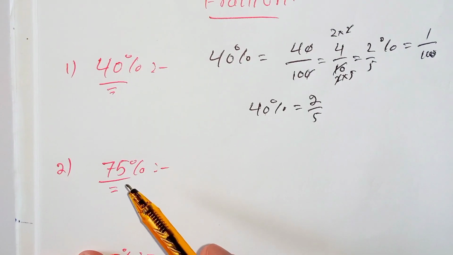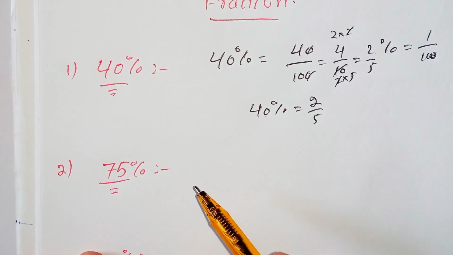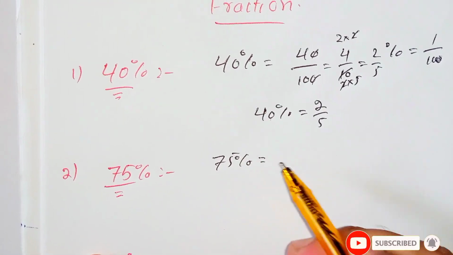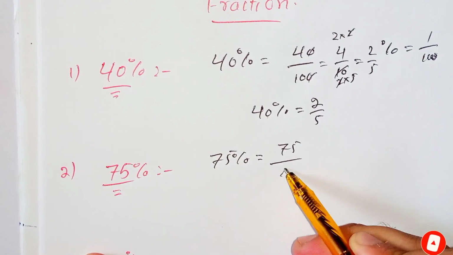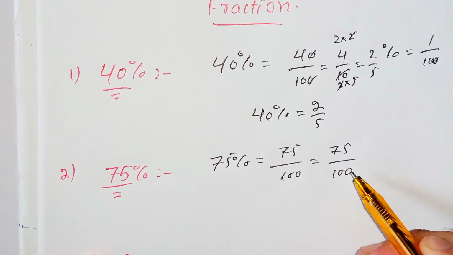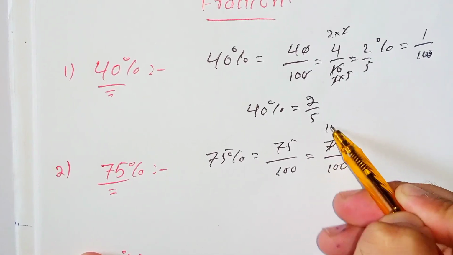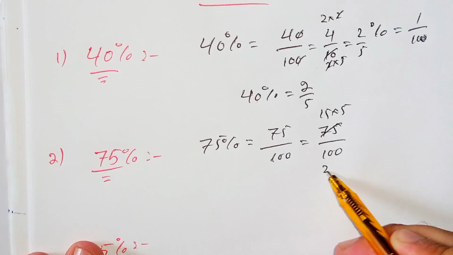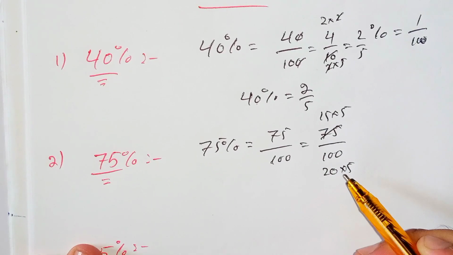Now what will be 75% in fraction? So 75% is equal to 75 over 100. So 75 over 100: 15 times 5 is 75, and 20 times 5 is 100.